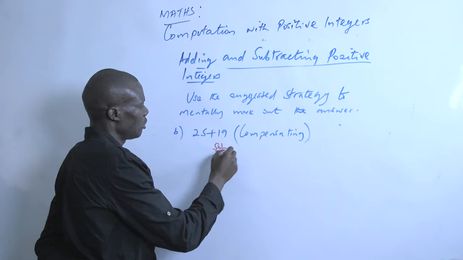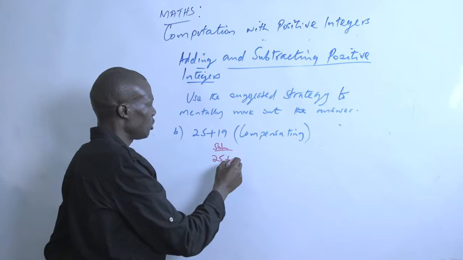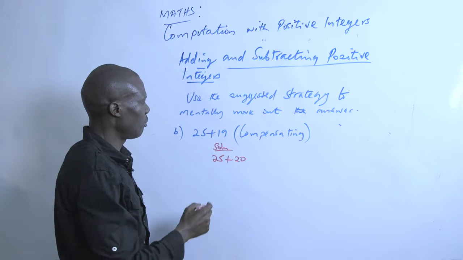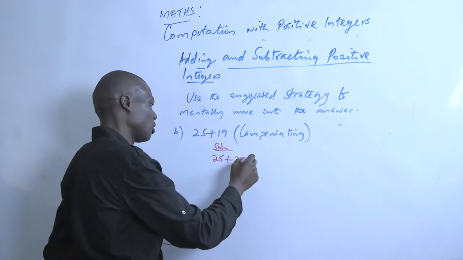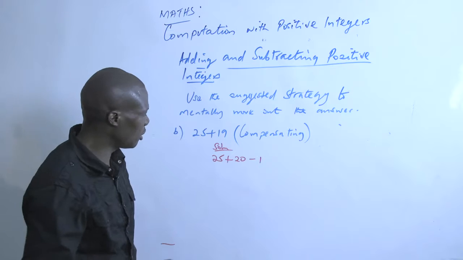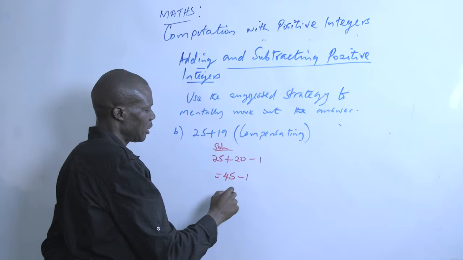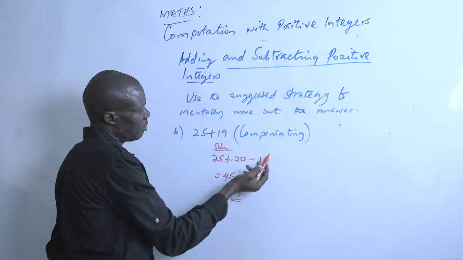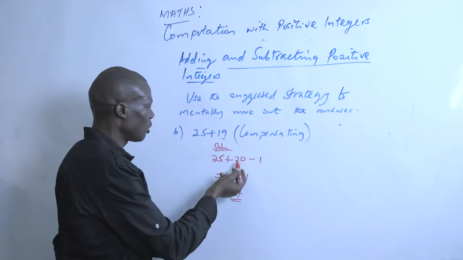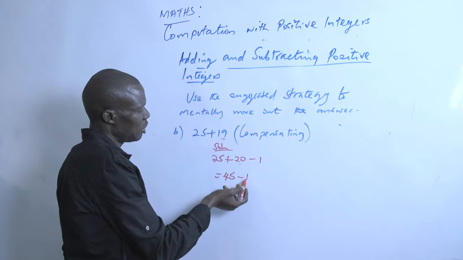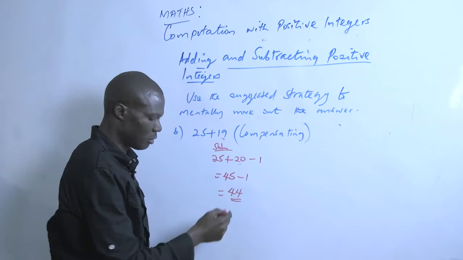This is for our solution. Plus 19, we round it off or make it closer to a number with a 0, which is 20. You'll find that 25 plus 20, we have added 1 to make it 20, so we shall subtract that 1. That simply gives us 25 plus 20, which is 45 minus 1, and then we find our answer as 44. Now, compensating means trying to round off the second number to the nearest ten, and that is 20 for this case, which means we added 1 to 19 to get 20. That's why we have to subtract 1 as we look for our answer, and our answer is 44.